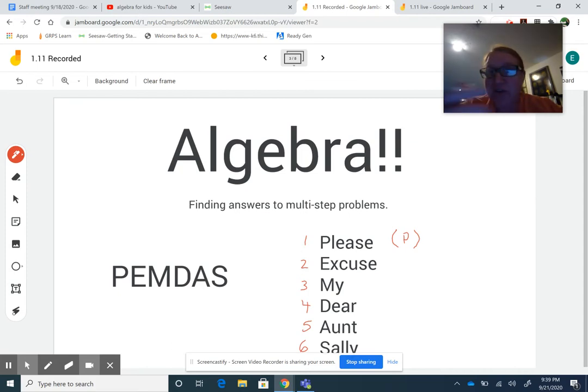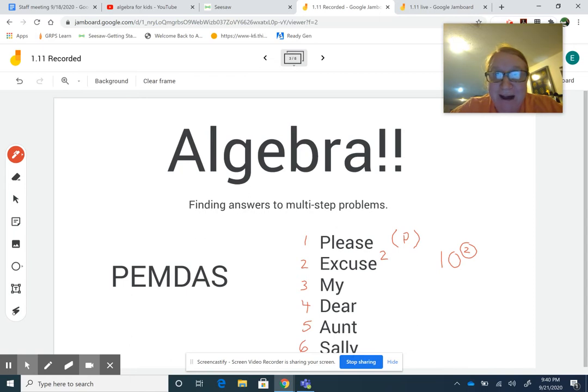Whatever you have in the parentheses, you'll just do in order first. Then we have the exponent. If you have any exponents in your problem, you're going to do the exponent. I'm going to put a little exponent on there of 2. Remember, an exponent tells you how many times to multiply something. We learned that a couple of lessons ago.